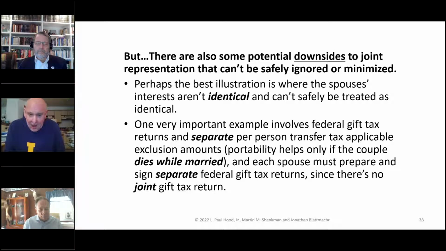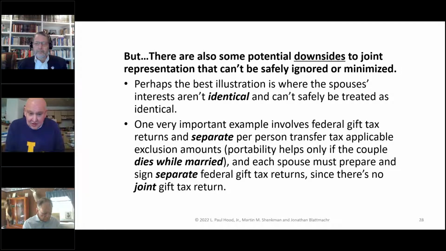So when you have separate gift tax returns and you have transactions where, as in Smaldino, Mrs. Smaldino filed a gift tax return, and then Mr. Smaldino files a gift tax return.